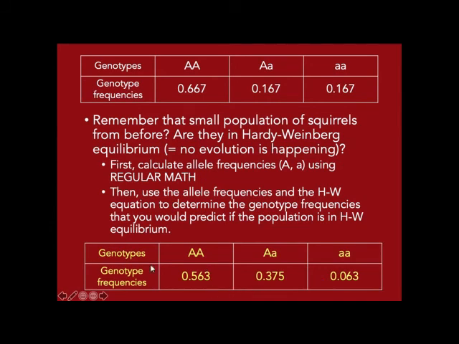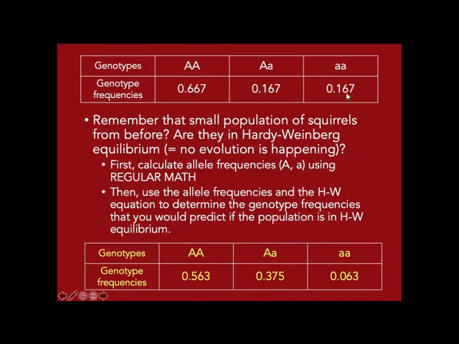So let's compare the genotype frequencies that we predicted using Hardy-Weinberg to the genotype frequencies that we actually found by measuring in the population. What we actually found by measuring was that the frequency of big A big A in the squirrels was 0.667. The frequency that we would have predicted based on Hardy-Weinberg is 0.563. The frequency of big A little a that we measured on squirrels was 0.167, and what we predicted was 0.375.